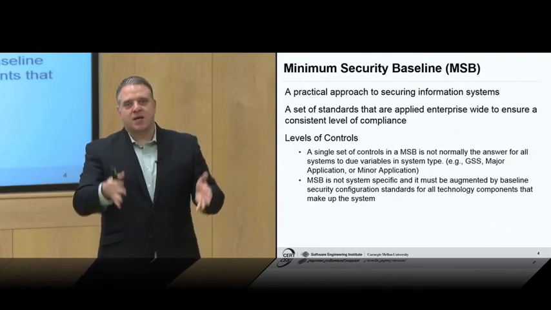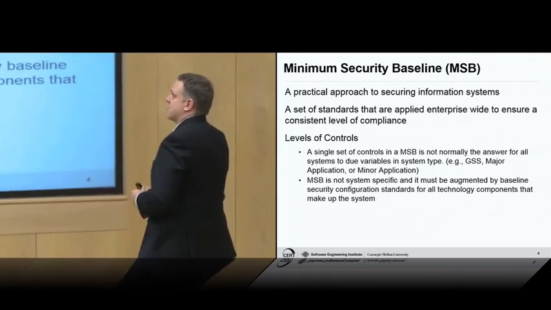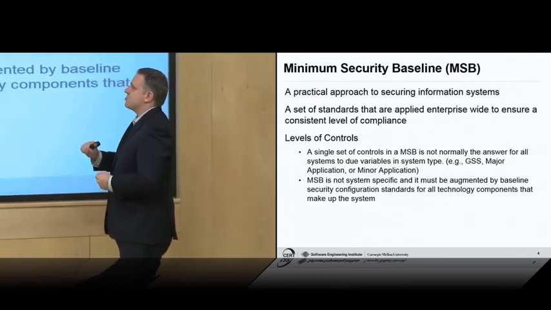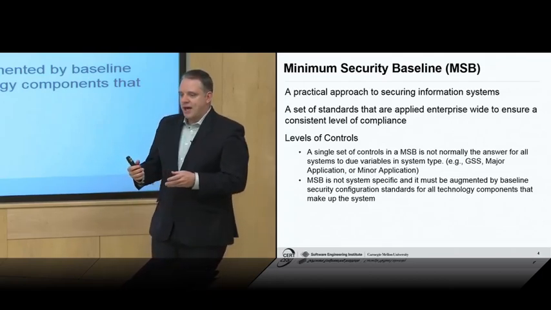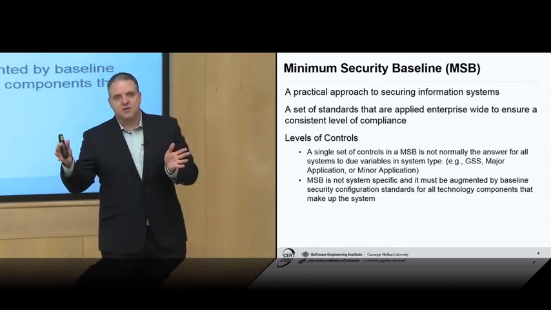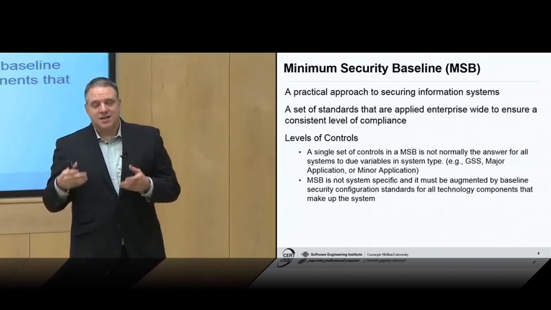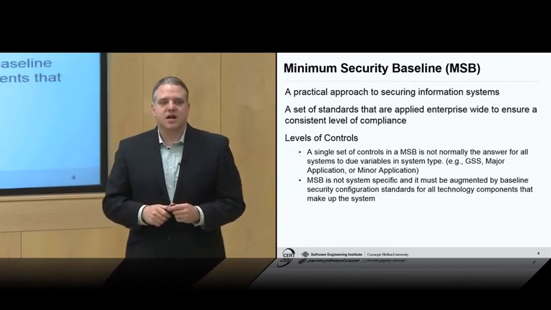Just give me a package of controls. And these become what could be considered a minimum security baseline. So it packages up the controls and allows you to implement those as a group across all of your systems and achieve some level of consistent security or compliance across everything that you have.